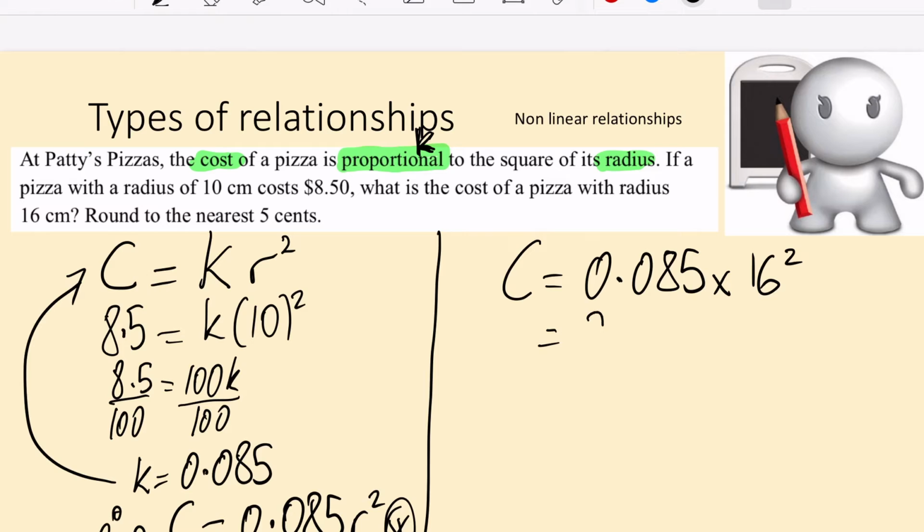Now when you do that, you're going to get 21.76. Great answer, but go back and reread the question, and it says round to the nearest 5 cents. So it's going to be $21.75. So please always remember to reread the question once you think you've got an answer to present. Alright, just as one last final check.